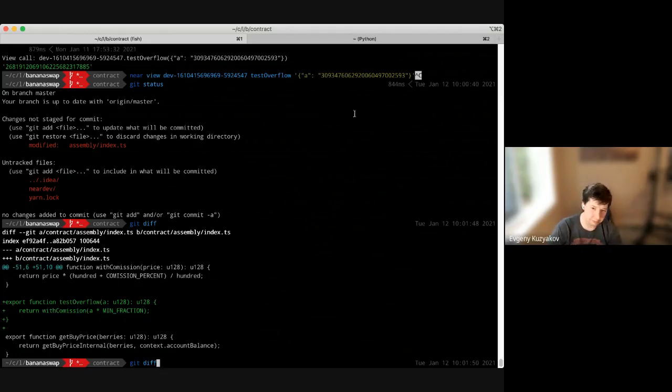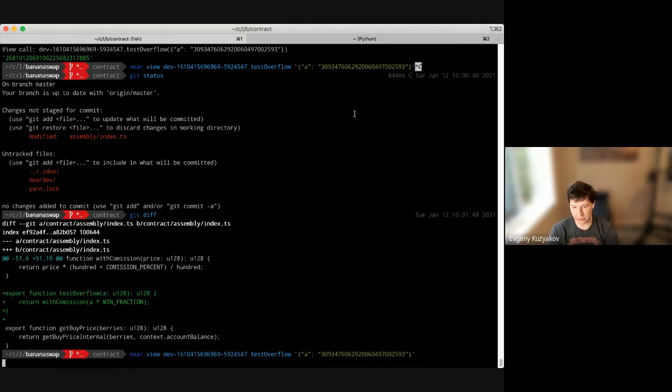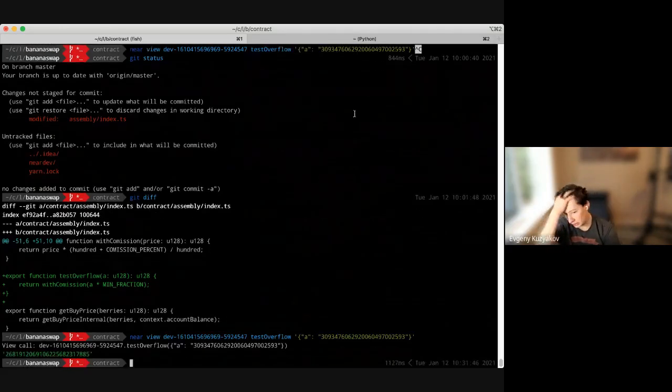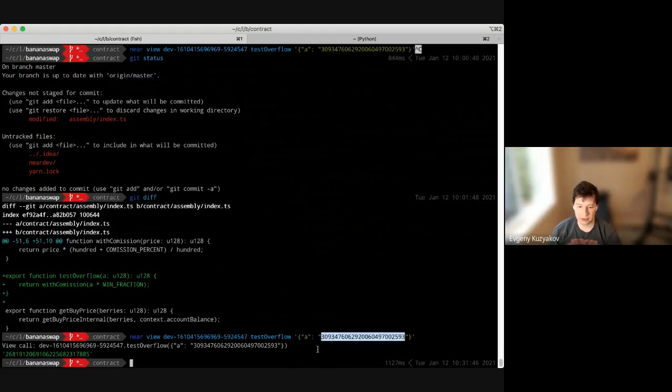I deployed it on a testnet, and I have this method that I started to use to figure out the product number that I need to pass, such that the overflow value will be as low as possible. I started doing this, but haven't finished.